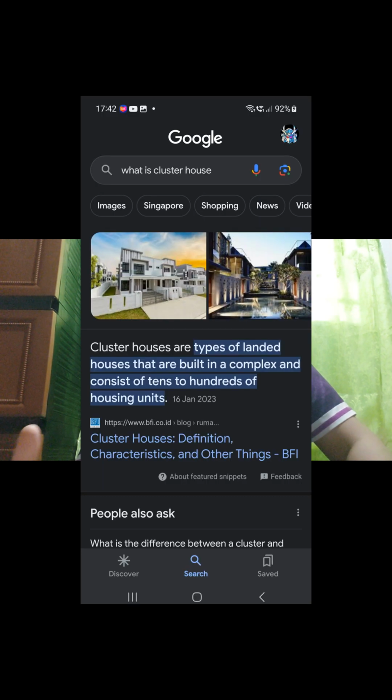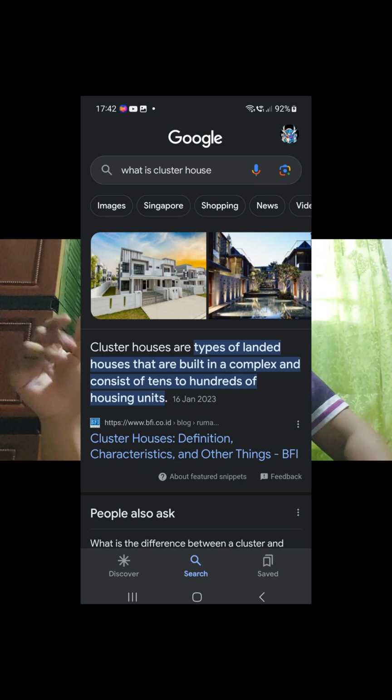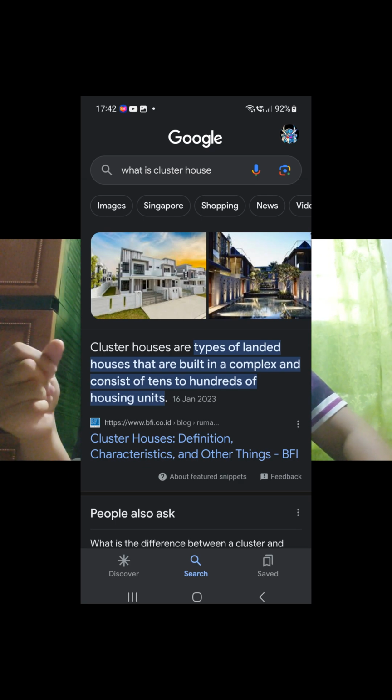First, before we get started on the solution, I've introduced why I made this project about this cluster house. But did you know what a cluster house is? Well, a cluster house is a type of landed house that is built in thousands of units.